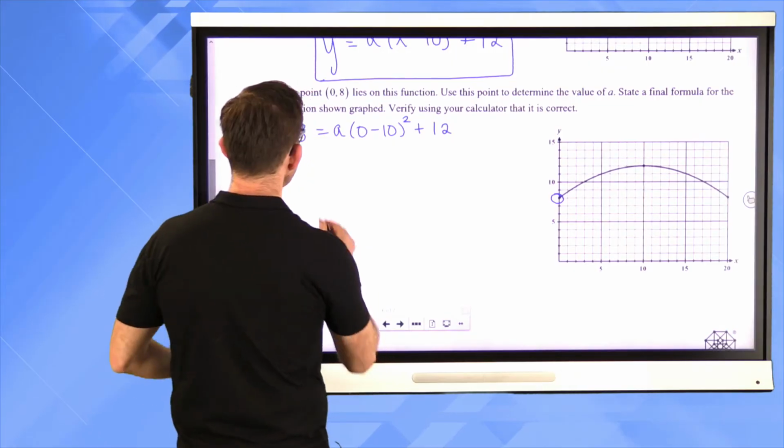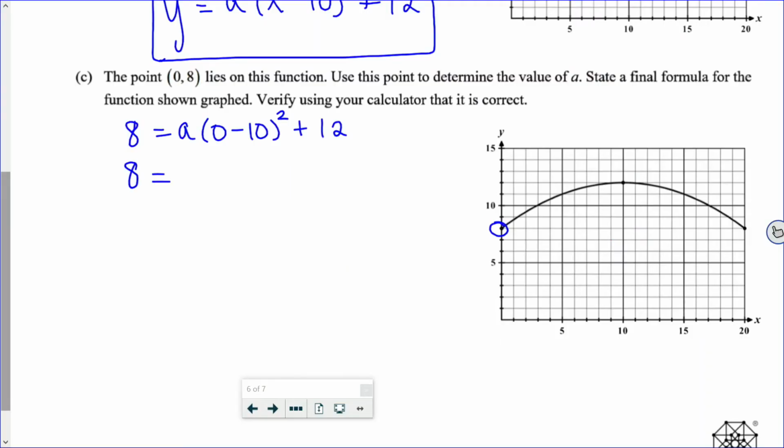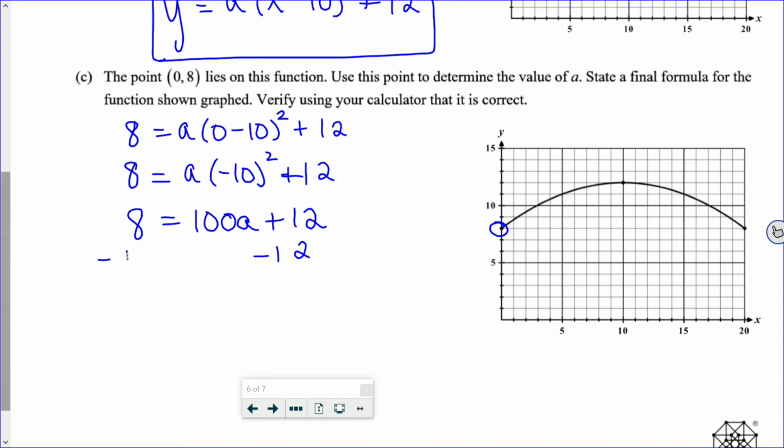Now this is going to take us a little bit of work, but not too much. Here we've got a times negative 10 squared plus 12, right? Negative 10 squared is 100. So we're going to have 100a plus 12. All right, to solve that for a, I'm going to subtract 12 from both sides. It's a little bit of a funny 12 on the right-hand side, but we'll deal with it. 8 minus 12 is negative 4 equals 100 times a.